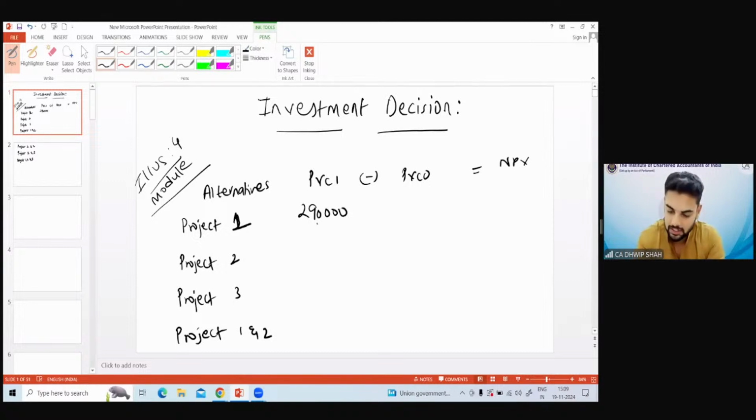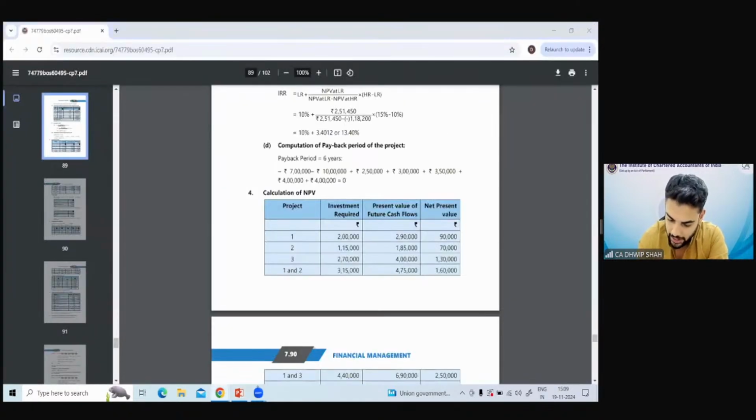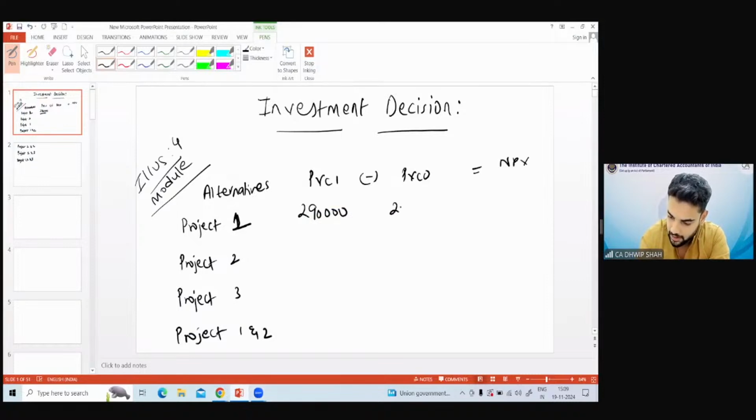They discount this present value further. So it is wrong. They have directly given the PVCI, present value figure. So please read the question very carefully. So 290 is my PVCI and my investment required is 2 lakh. Correct? So can I say if I take only project 1, my NPV would be 90,000.